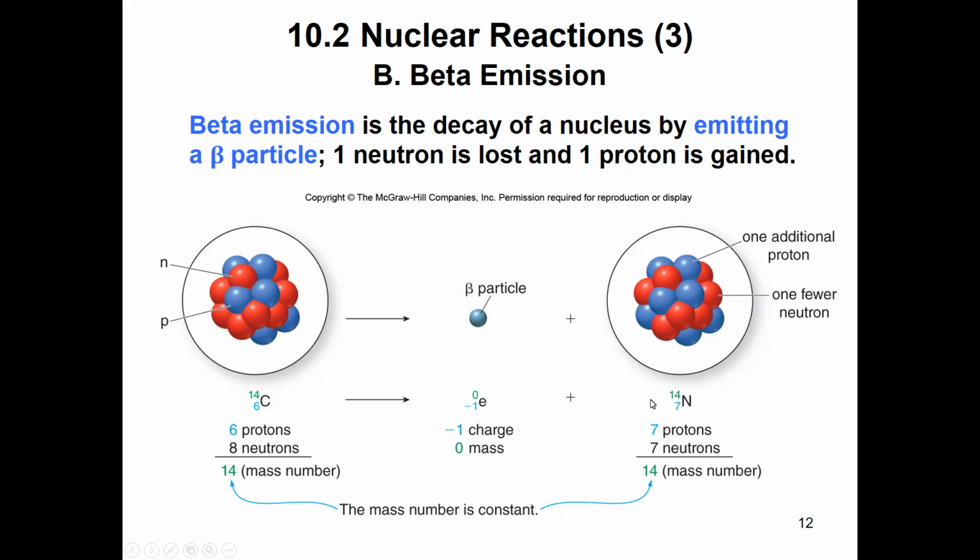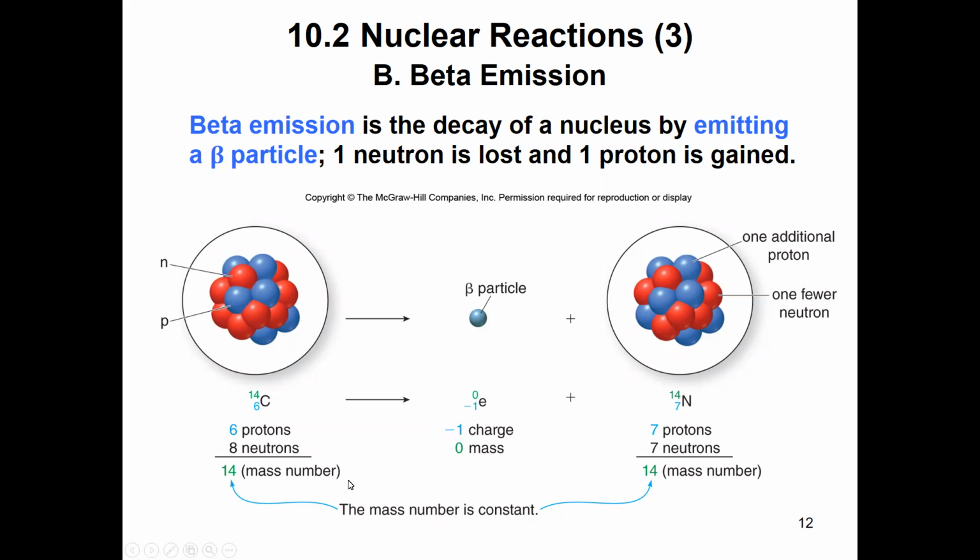The mass numbers should be equal as well on both sides of the arrow. So we had a mass number of 14 on carbon-14. Because the beta particle is a high energy electron with no mass number, the 14 goes to the new element, the nitrogen. So it's nitrogen-14.